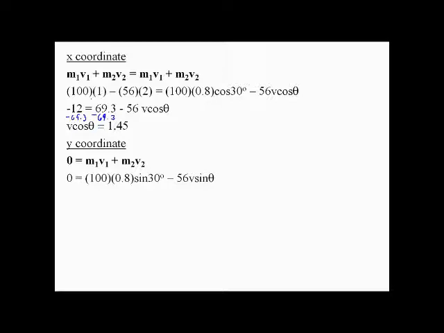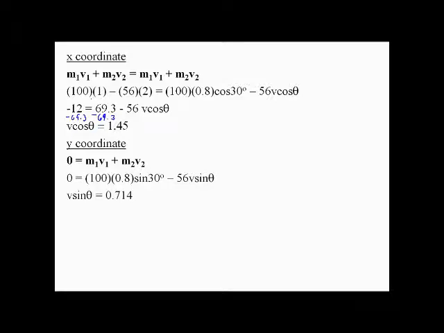We knew everything. We knew the velocity. We knew his angle. But we don't know that information for the 56-kilogram man. So V sine theta is 0.714.